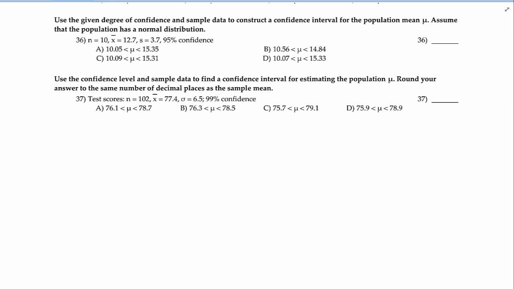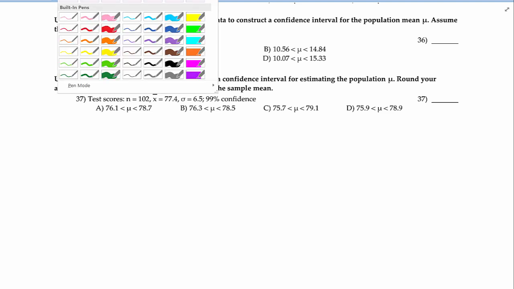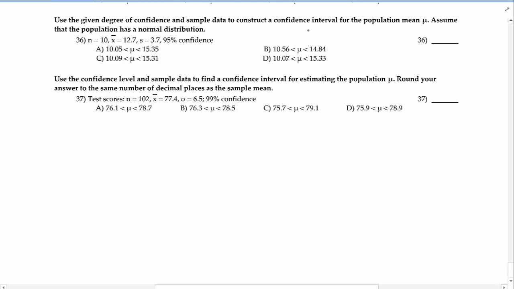Okay, so in the last two problems that I'm going to solve here of this study guide, one thing that we have to notice is this. We are doing the same thing. We are trying to construct a confidence interval for the population mean, right?